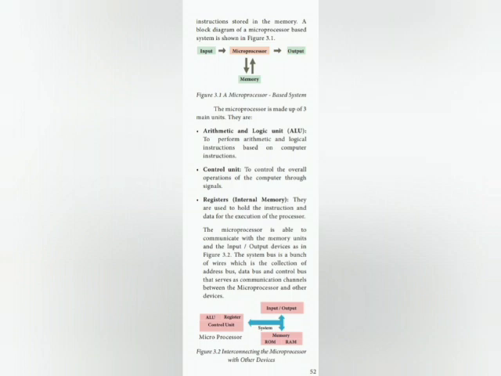The microprocessor is able to communicate with the memory unit and the input-output devices. The system bus is a bunch of wires, consisting of the address bus, data bus and control bus, that serves as a communication channel between the microprocessor and other devices.